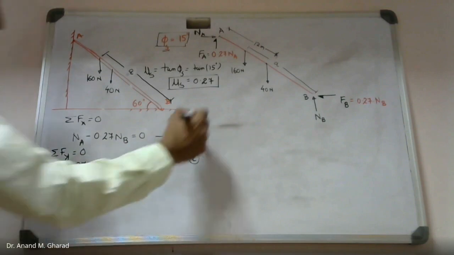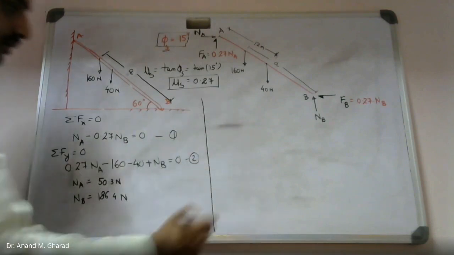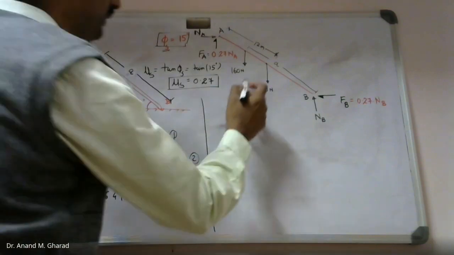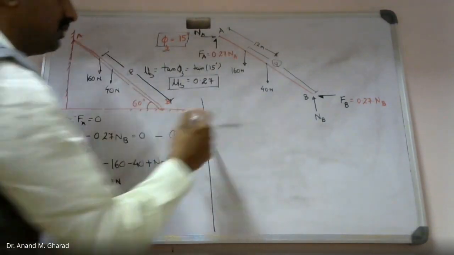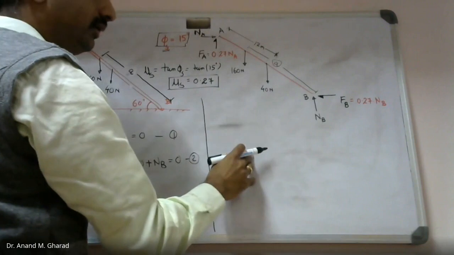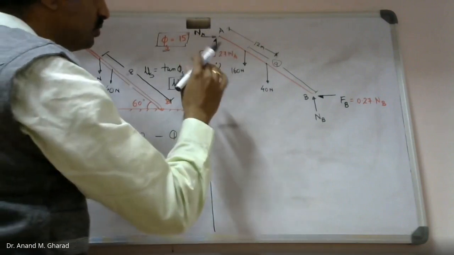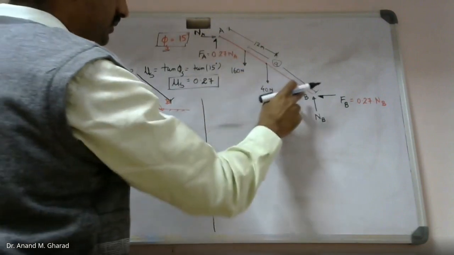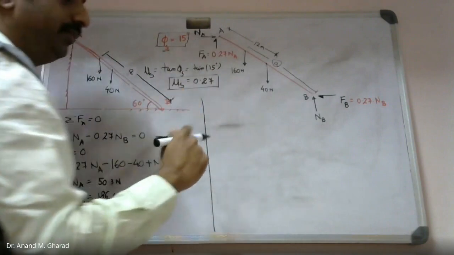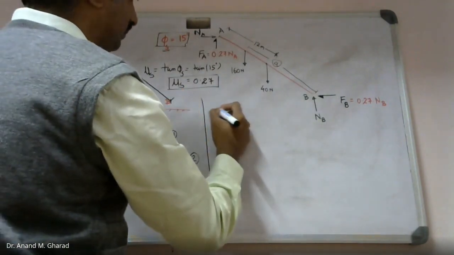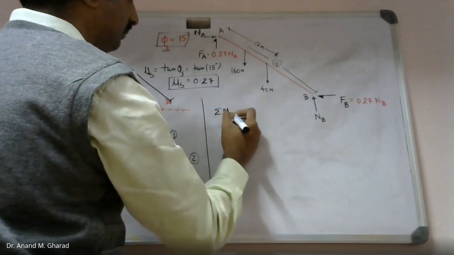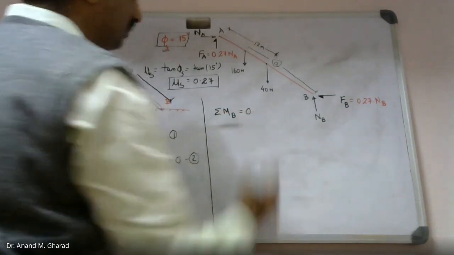So once you have calculated these values, our aim is to identify this A. So what you do, you take moment, and you can choose any of the points, either point A or point B, to consider the moment. So let's say moment about point B equal to 0.